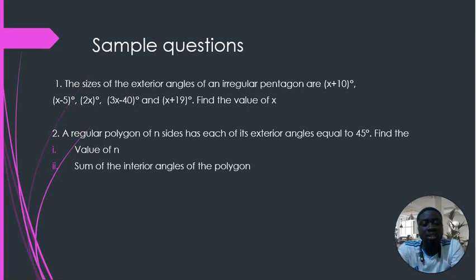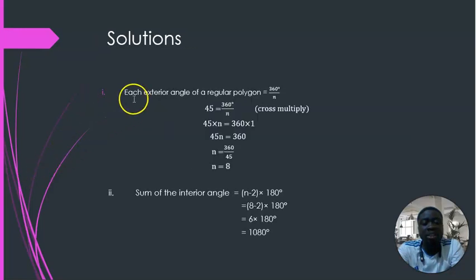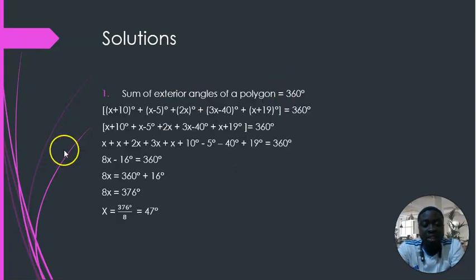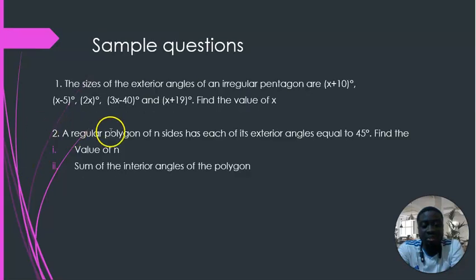So let's start going. Each exterior angle of a regular polygon is given by this formula, and you recall that. Each exterior angle of a regular polygon is given by 360 degrees over n. Now one of the exterior angles is given to be 45 degrees. And you know, if one is given, it means that the rest are the same because it's a regular polygon.